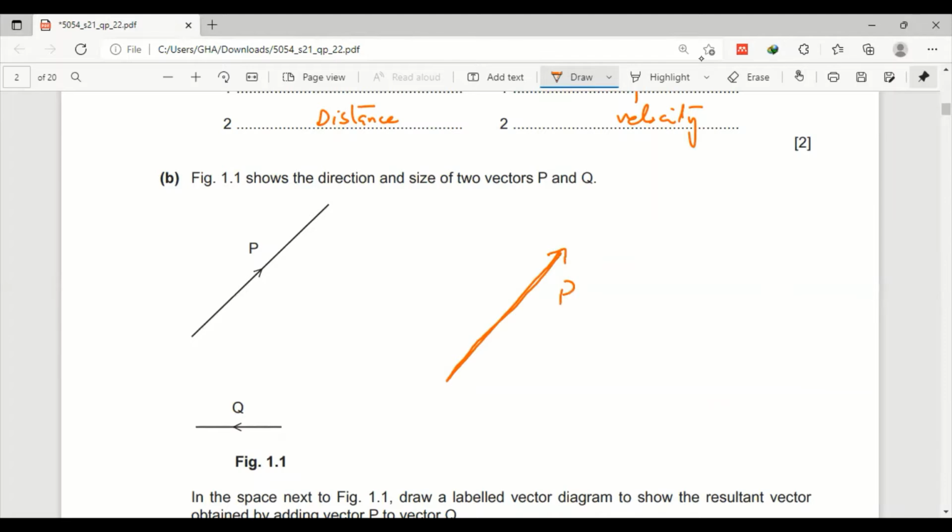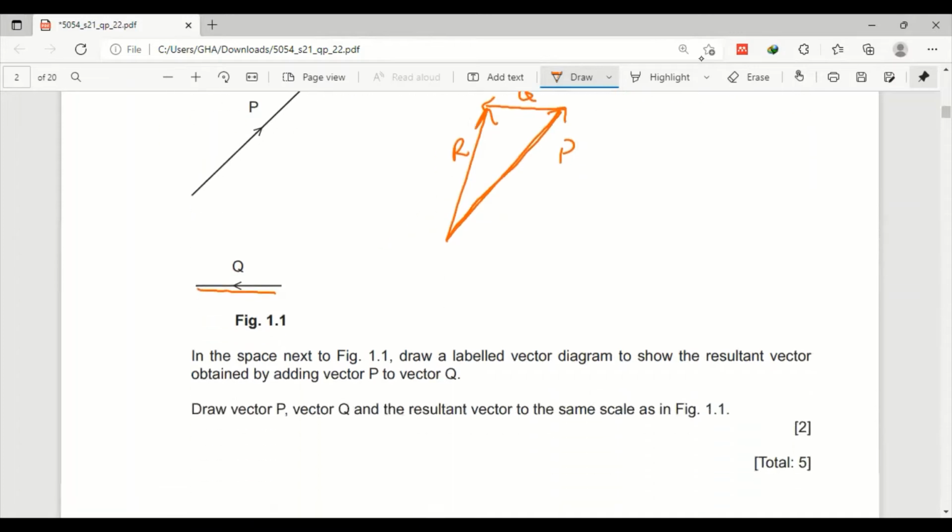Now, measure the length of this Q and add this vector in front of this, meaning the head to tail rule. So this is Q. And then join the tail of P, meaning the tail of the first vector, with the head of the last vector, meaning Q. So this line is representing the resultant of these two vectors.